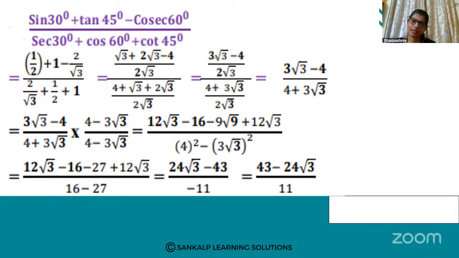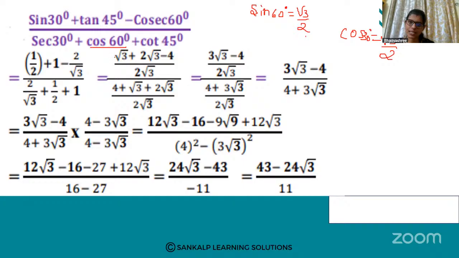Sin 30 degree, what is the value of sin 30 degree? 1 by 2, right? 1 by 2 plus tan 45 degree 1 minus cosec 60 degree. Sin 60 degree is root 3 by 2, so cosec 60 means 2 by root 3, right? Divided by sec 30 degree. Cos 30 degree is root 3 by 2, then sec 30 degree is 2 by root 3.